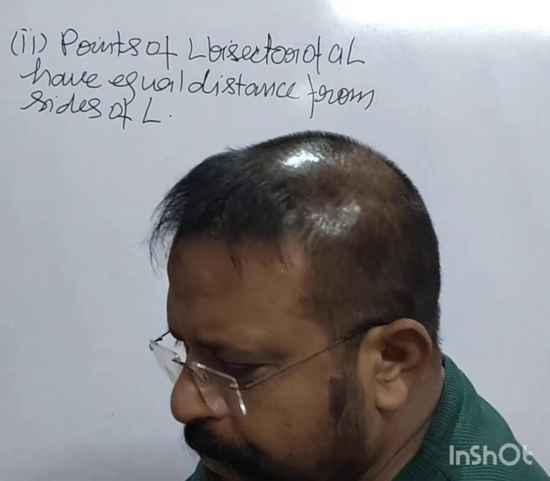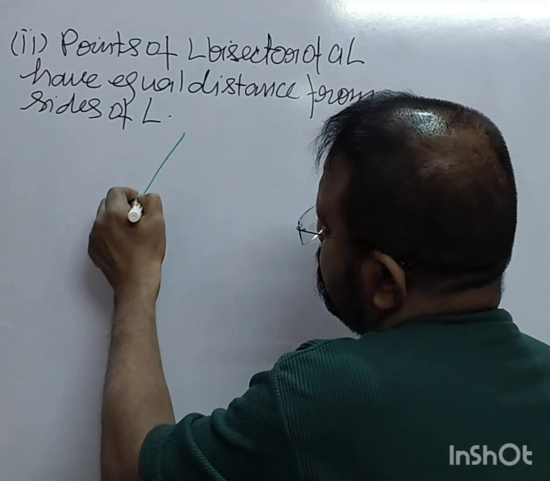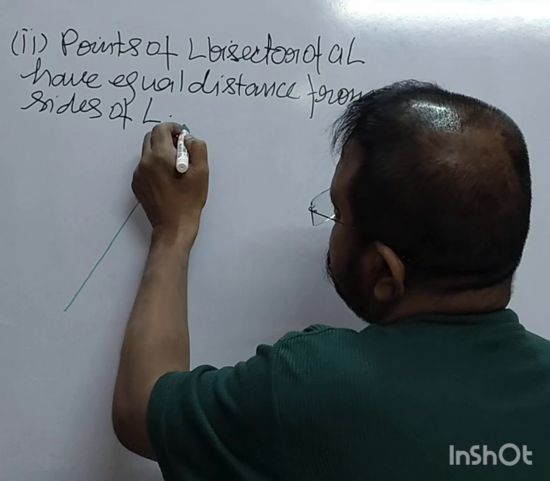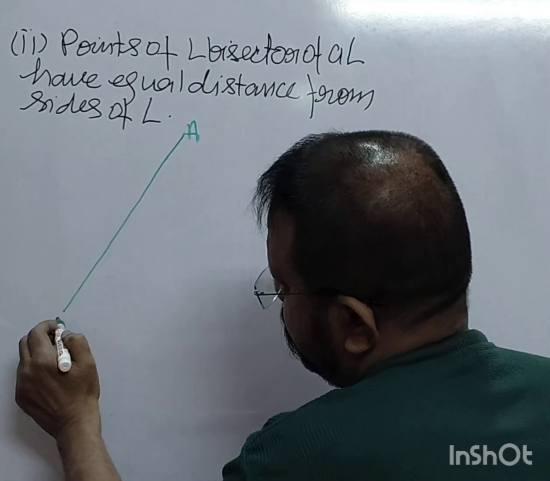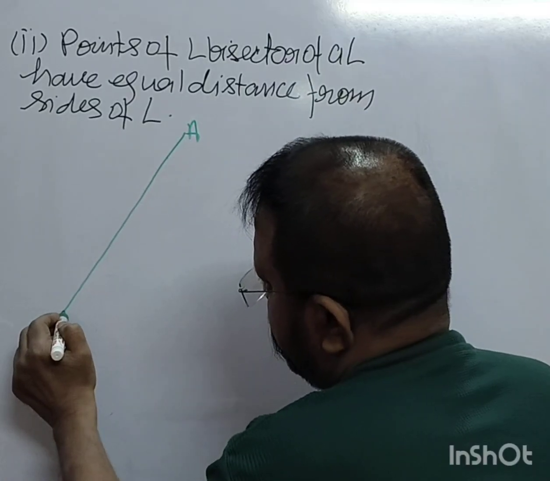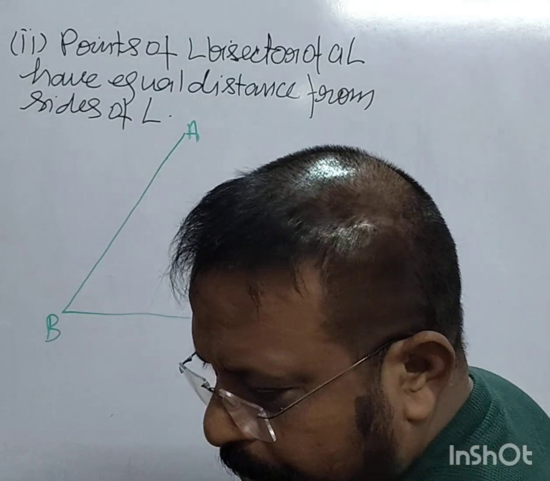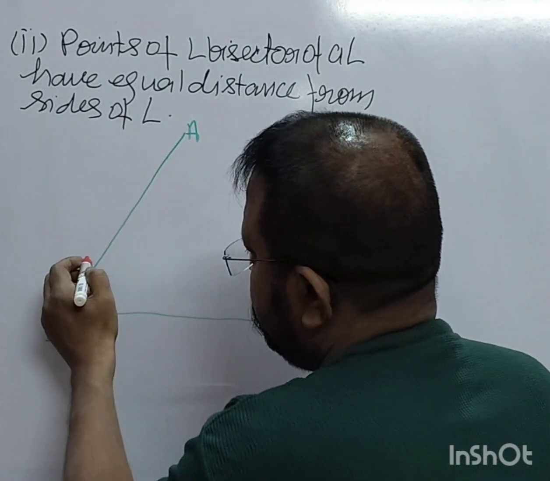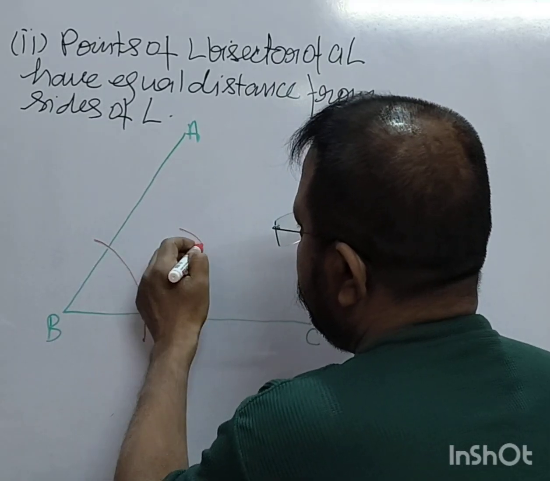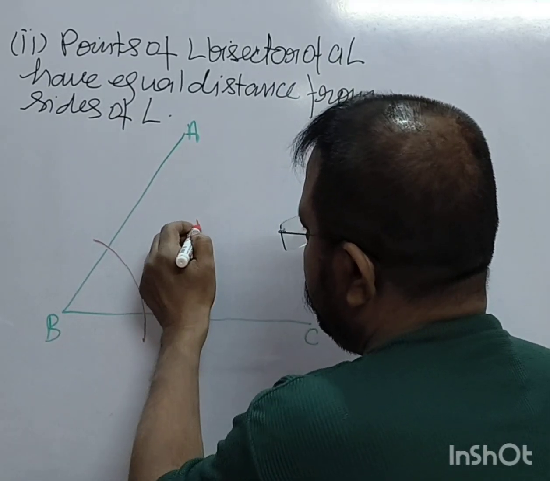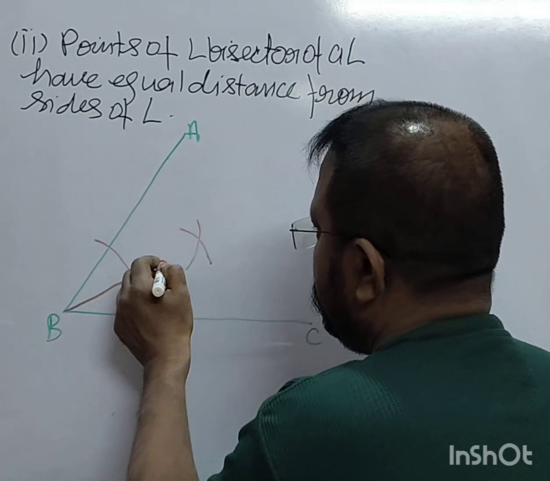Right? Suppose we have an angle like this. This is A, this is B, and this is C. You have drawn a bisector. You take an arc like this. From here you have taken like this, from here like this. So you get this angle bisector.